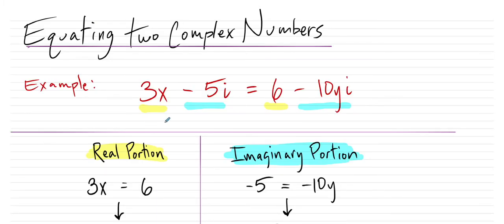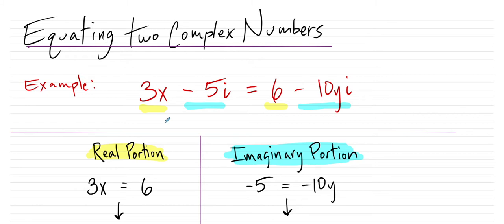Okay, now we're going to start working with them slightly, like actual problems. If you have complex numbers equal to each other, their portions have to be exactly the same, like I have them highlighted and color coded up there.